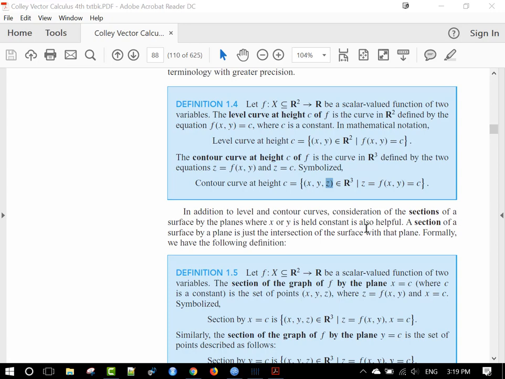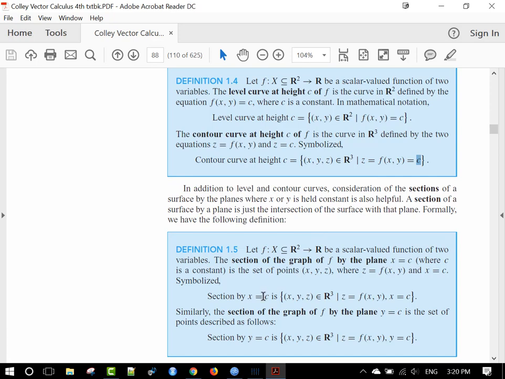Like here we fixed z equal to c, we could also fix x equal to c, or fix y equal to c. In both of those last two cases, we get vertical planes, which will also cut the surface. And those are called sections, a section of the graph.